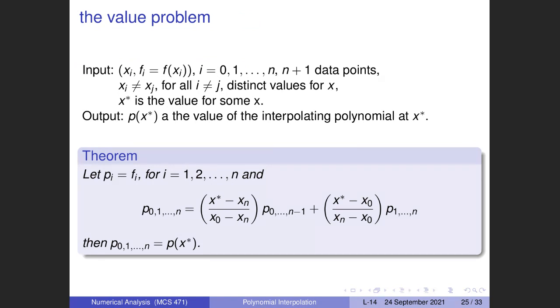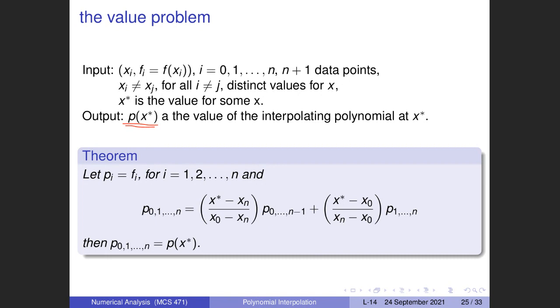The value problem asks not for the polynomial, but asks for a number, the value of the interpolating polynomial. So in a way this is a local problem. We may have many data points, but we are interested only locally for some value. And that x star is typically different from all the other points.